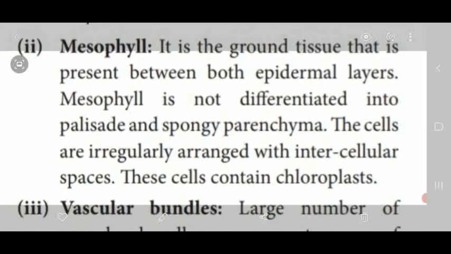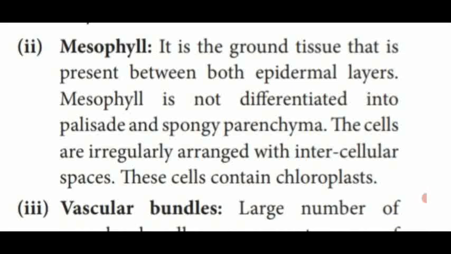Next one, mesophyll tissue region. Like the dicot leaf, the region between the upper epidermis and the lower epidermis of the monocot leaf is called the mesophyll tissue region. The mesophyll tissue region is not differentiated into palisade and spongy parenchyma. Any one of the cells is only present in the mesophyll tissue region.